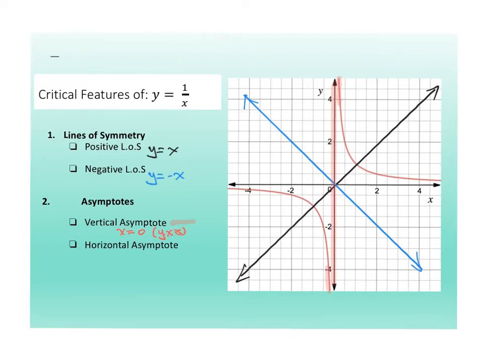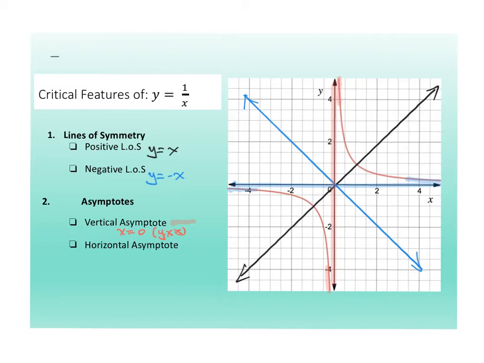Now, let's have a look at the horizontal asymptote. I'm going to show you where the horizontal asymptote is. Here you can see that as the parabola approaches the x-axis, it does not cross it. Same with this part.